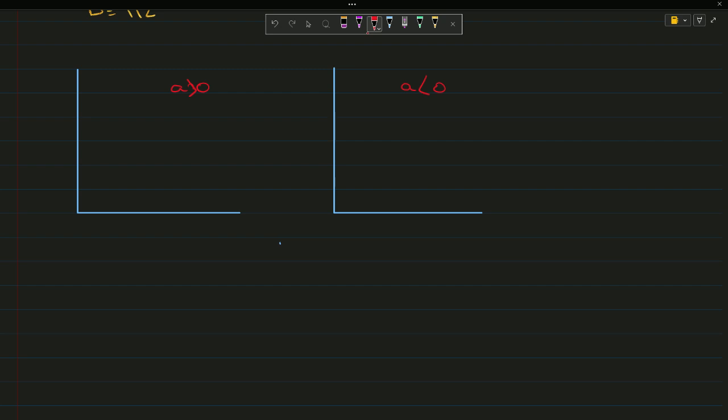Like I told you above in the two examples of graph, it would be a smiley face and a sad face. The smiley face would be the one in which the coefficient of x square, which actually is a, is positive, and the other one would be vice versa.